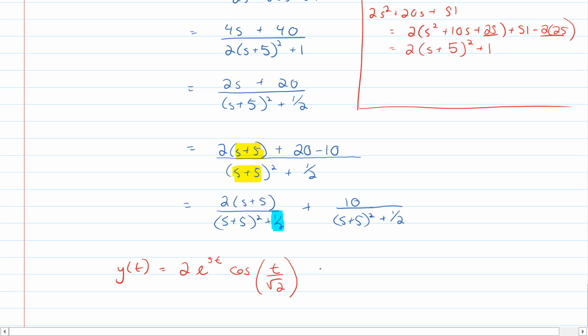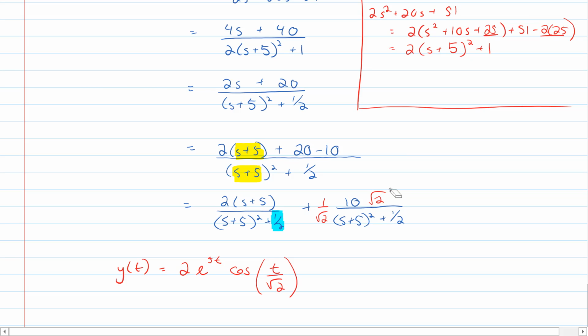Similarly for the second term, what we actually want to have is omega over (s + 5)² + ω². And so the easiest way to do that is to say, okay, I'm going to multiply the second term by 1 over the square root of 2, and then put square root of 2 in the top.